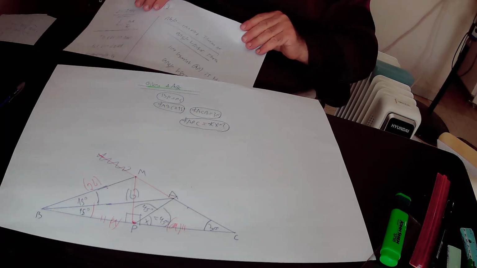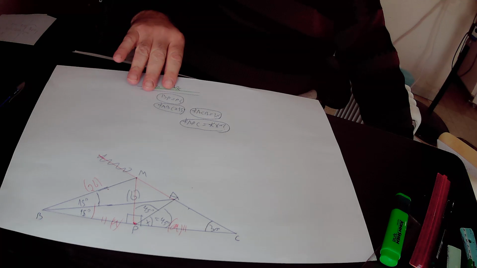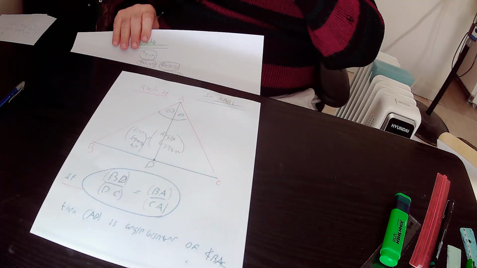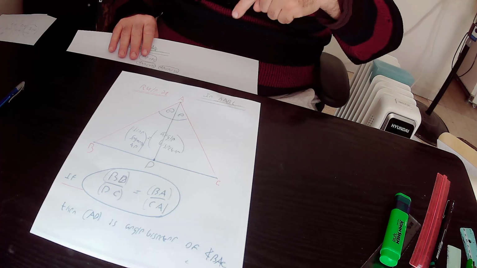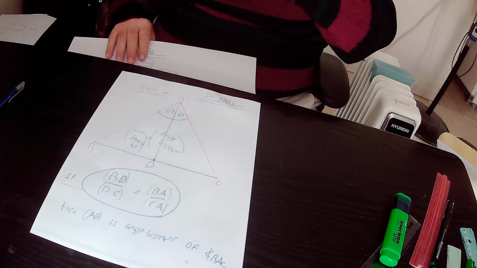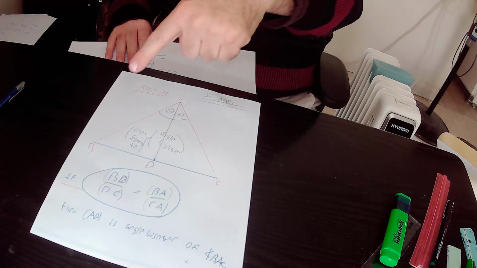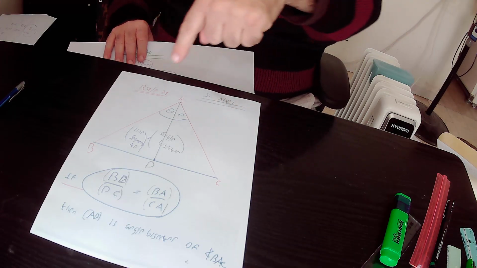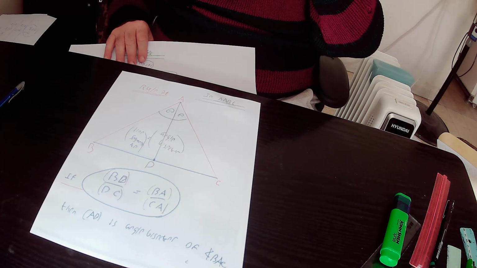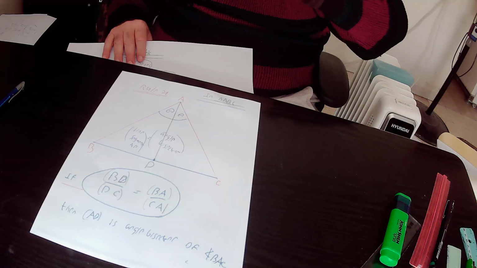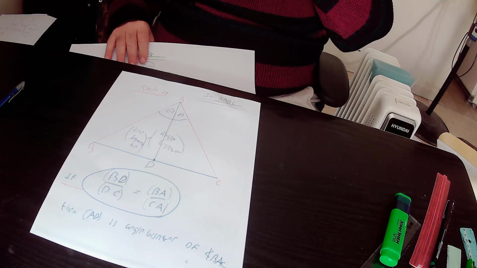So please click on rule 21. According to rule 21, if you know that line segment AD divides the side of this triangle ABC proportionally, that is to say, BD over DC equals AB over AC, then AD is the angle bisector of this triangle ABC.